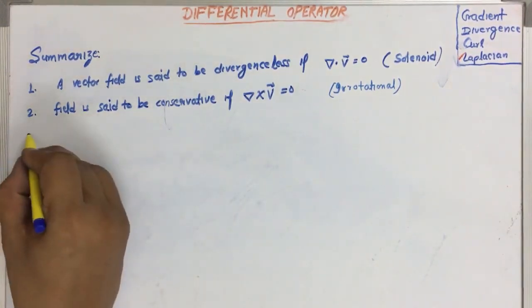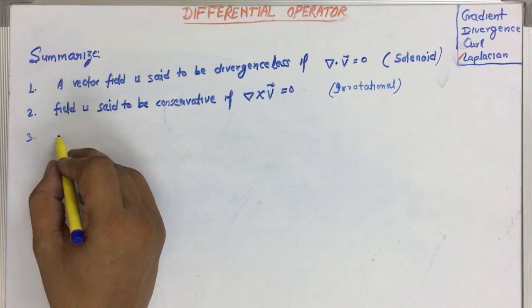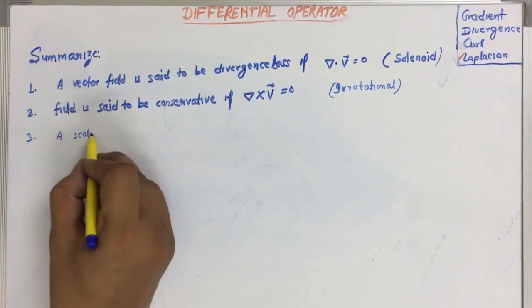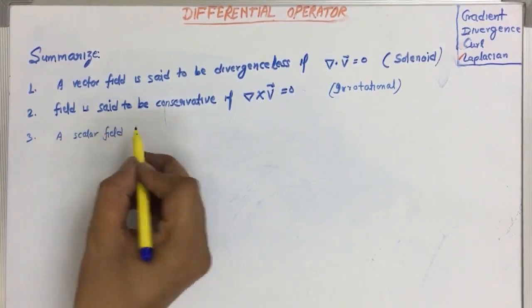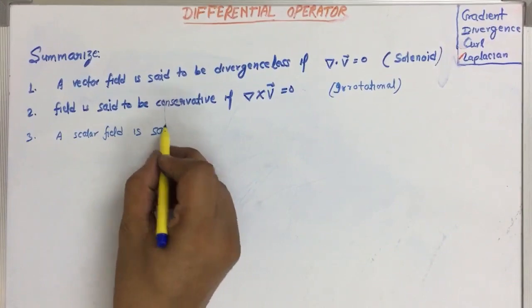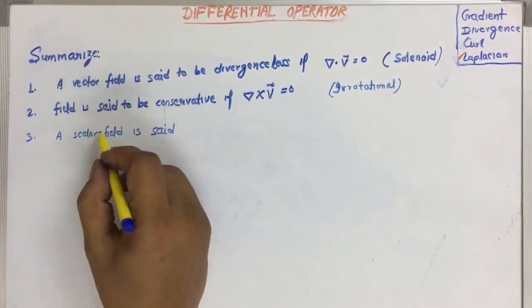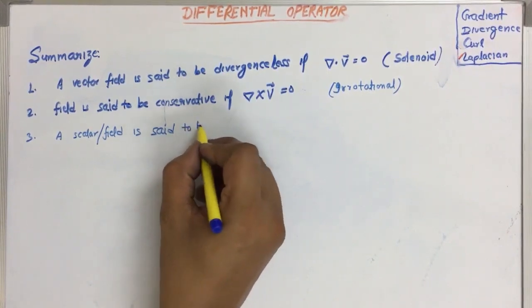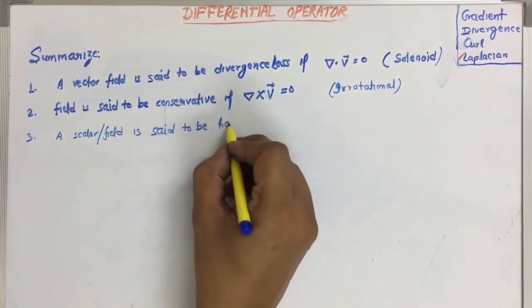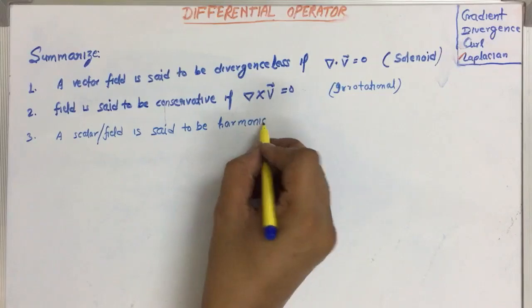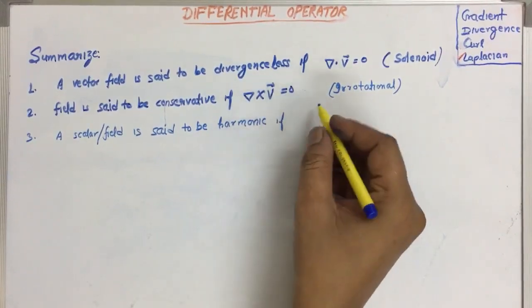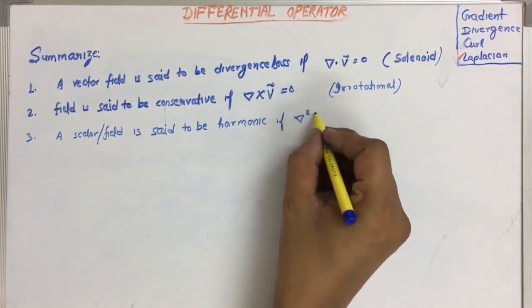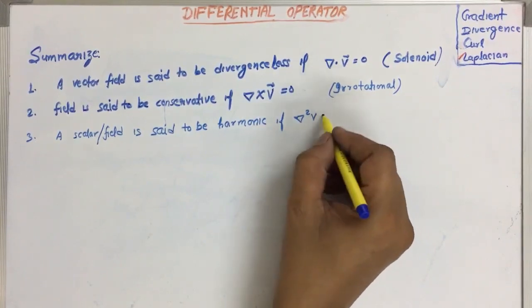And third point, any scalar field is said to be harmonic if its Laplacian is 0.